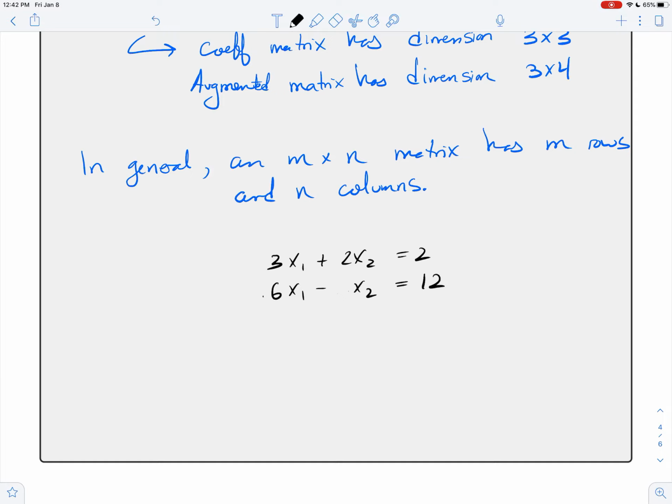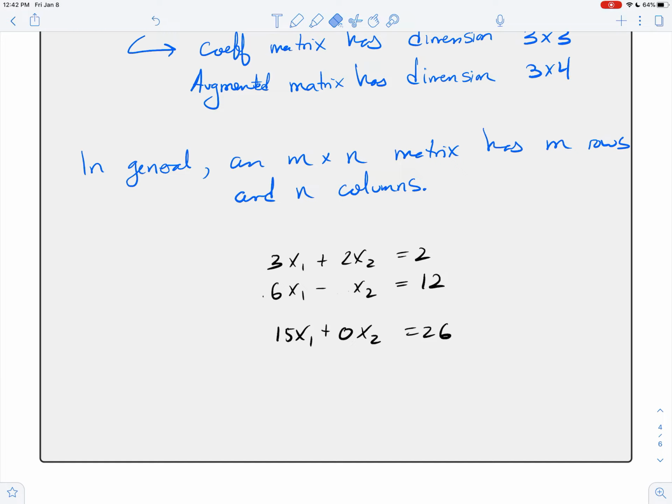So 2 times 6 is 12, plus 3 is 15x1, 2 times minus 2 is minus 4, plus 2 is minus 2x2, and then 24 plus 2 is equal to 26. And at this point, you can solve for x1 and then go back and solve for x2.